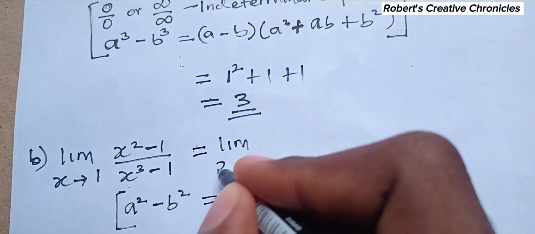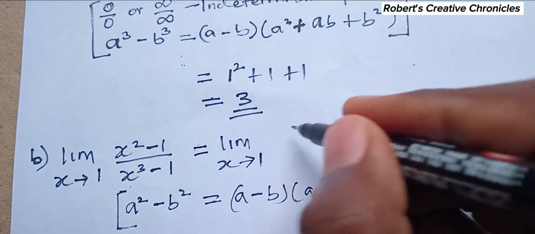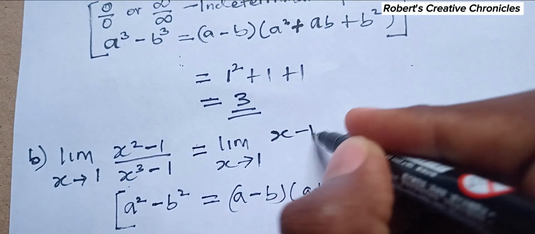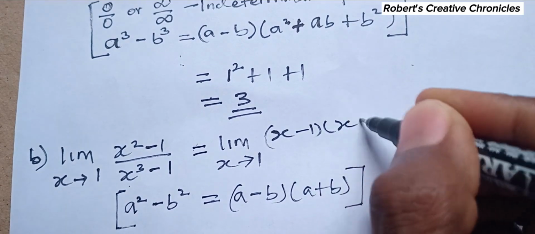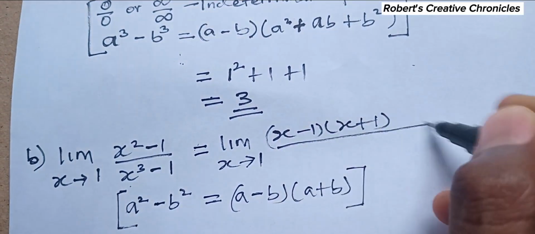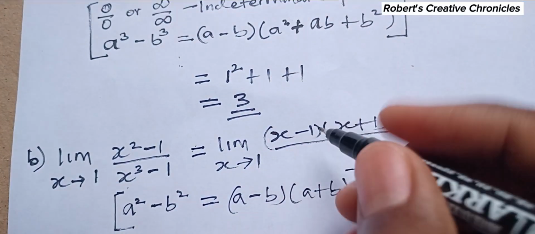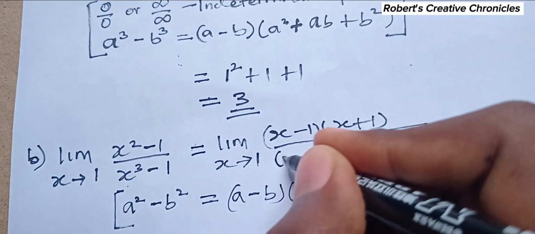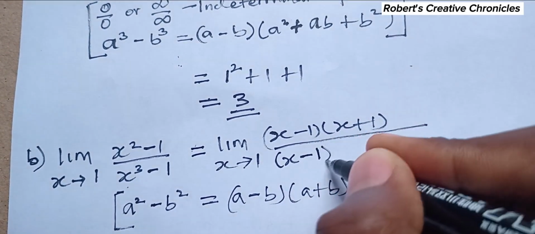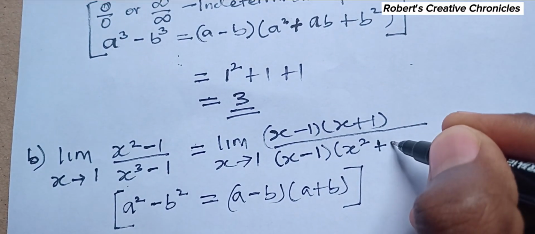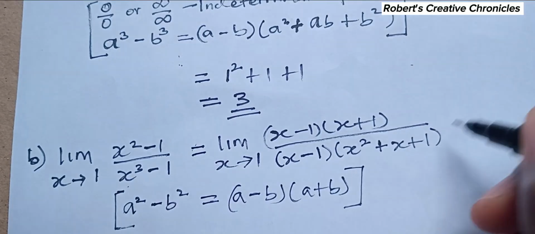As x approaches 1, it becomes x minus 1 times x plus 1 over, then the same thing here as we did above, x minus 1 times x squared plus x plus 1.